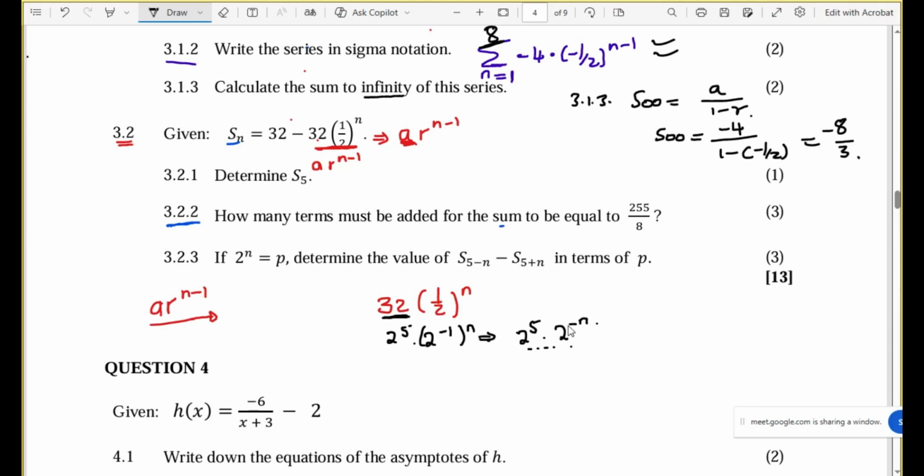I need to create minus 1. How can I create minus 1? When I add the like terms, this will be 2 to the power minus n plus 5. You see, this is not giving minus 1.